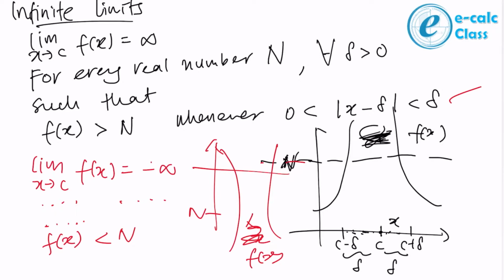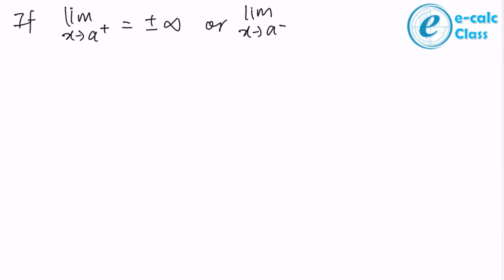And from that infinite limits, I will talk about vertical asymptotes. So again, the theorem: if the limit when x approaches, maybe I don't want to use c anymore, maybe an a, from the left or from the right, is equal to positive or negative infinity, or the limit when x approaches a from the left is positive or negative infinity, it means it is like this.